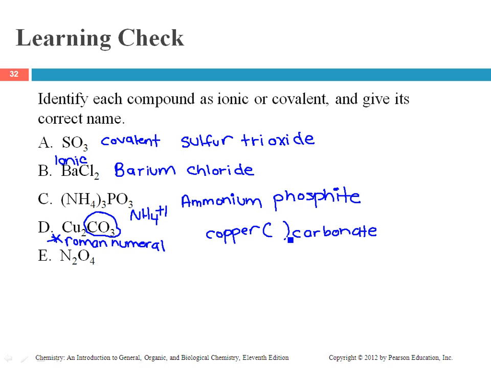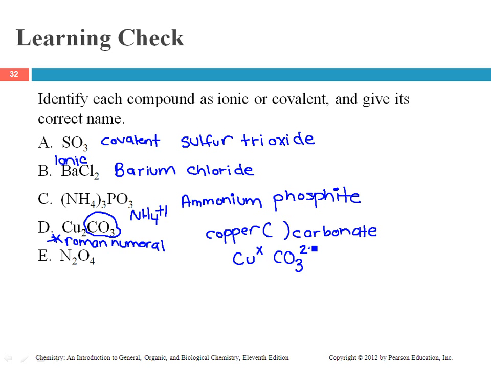It could be copper 1 or it could be copper 2. Okay, so if we need to find what our copper ionic charge is, first thing we know is that we have a 2- charge on carbonate. The reason we know this is because it's in our table and it gives it to us. So we have CO3 2-.